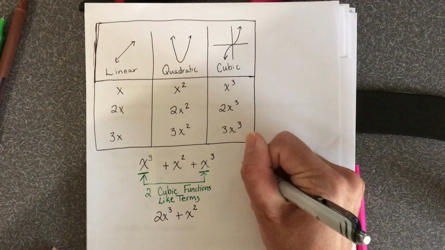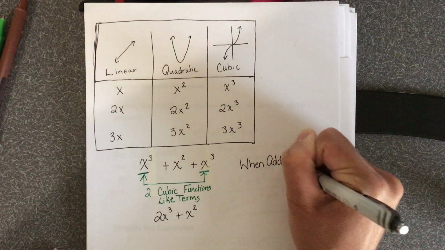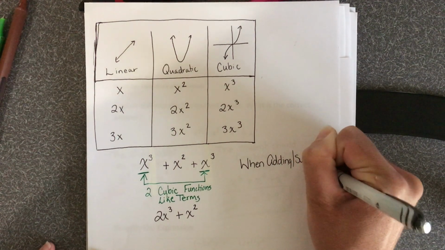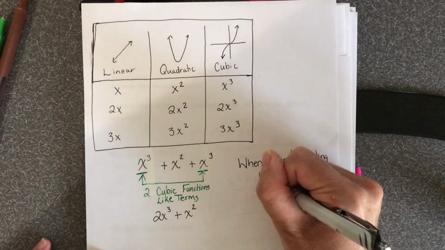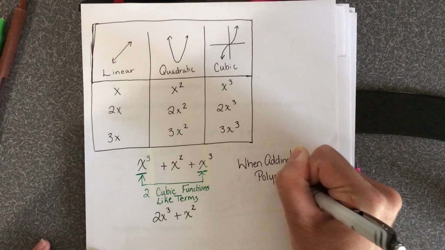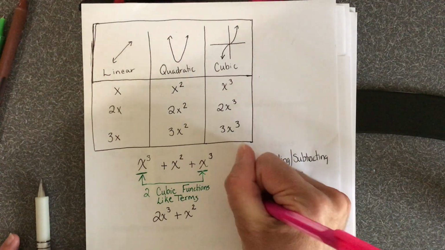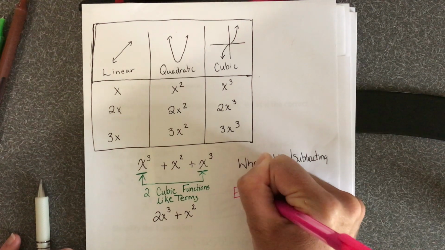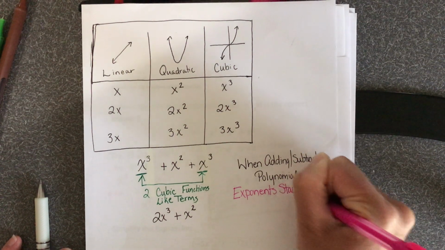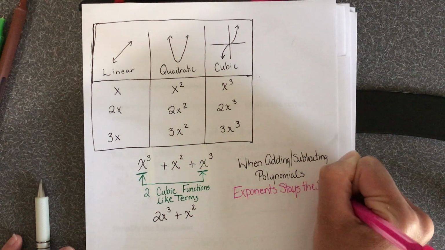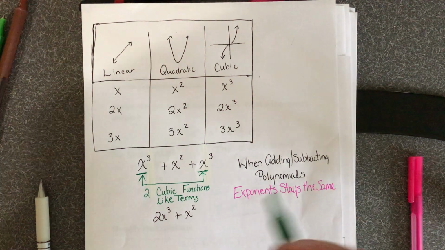So when adding and subtracting polynomials, exponents stay the same. Coefficients change.